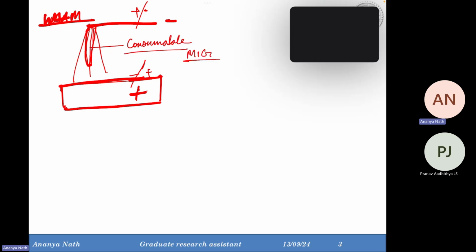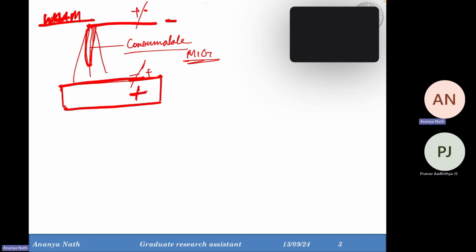So this WAAM process is basically inspired by the various welding techniques by which we deposit material over the joint to weld two substrates. So that process is repeated multiple times to get a layer by layer effect of the same welding, and we can build a part, a 3D component.